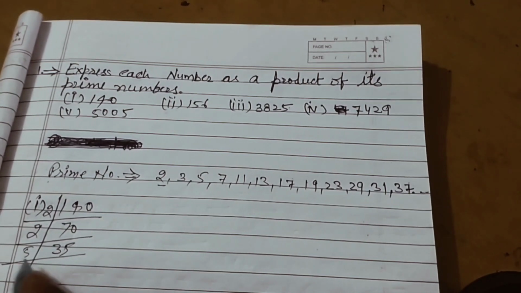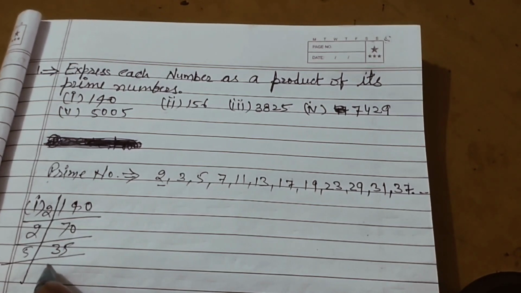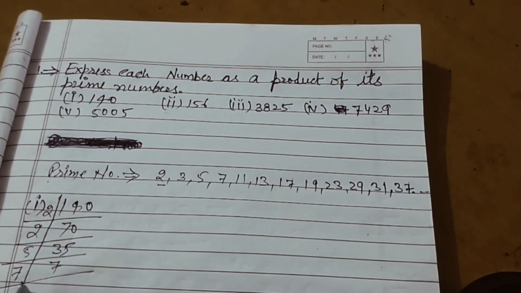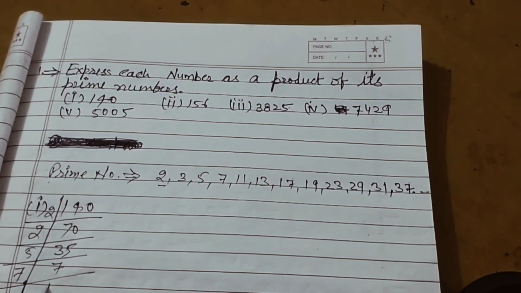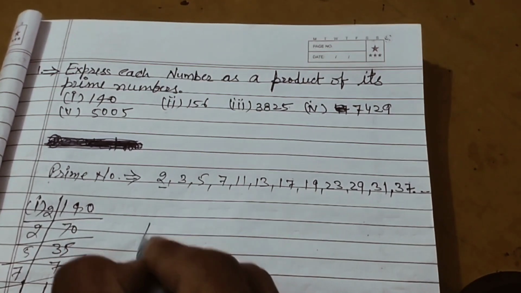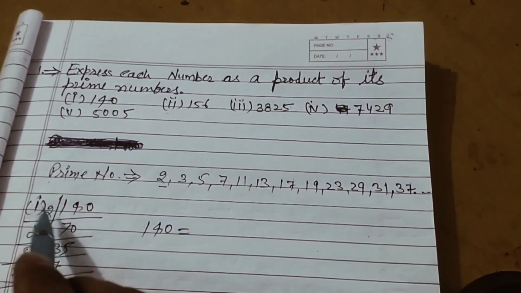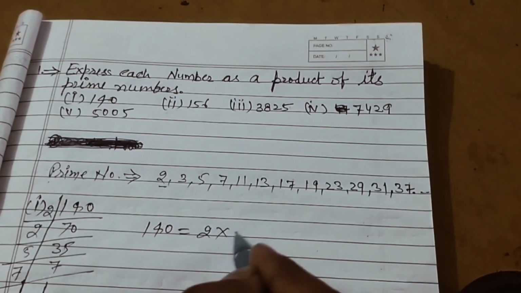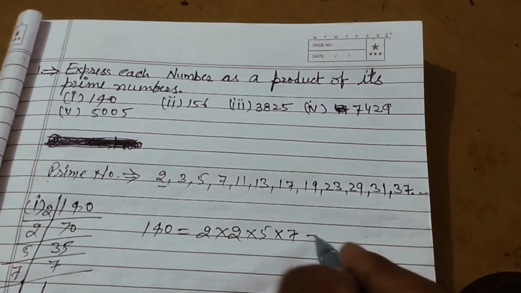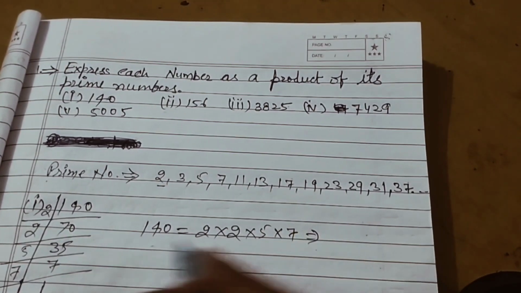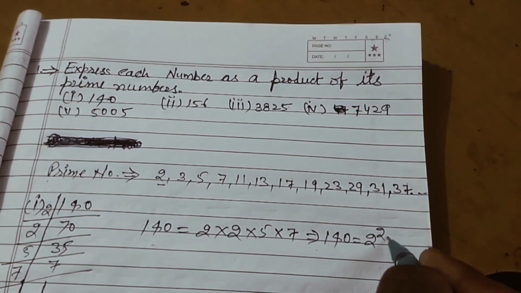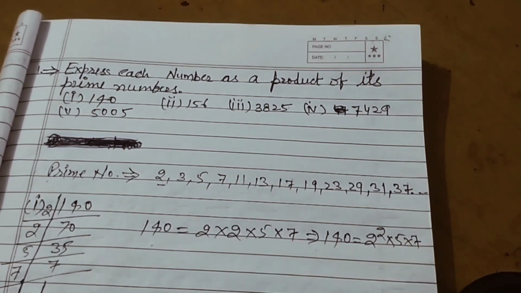If I divide by 5, I get 7. Now 7 is also a prime number, so I divide by 7 to get 1. The prime factors of 140 are 2 times 2 times 5 times 7, and I can also write this as 140 equals 2 square times 5 times 7.